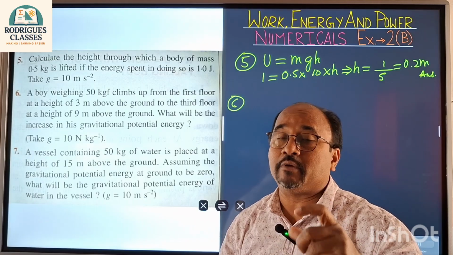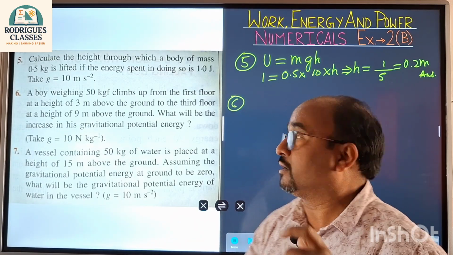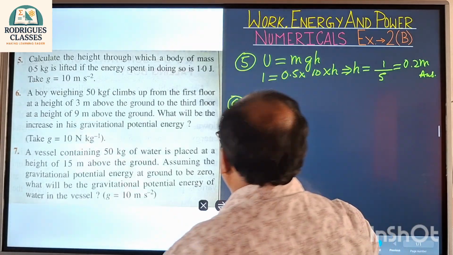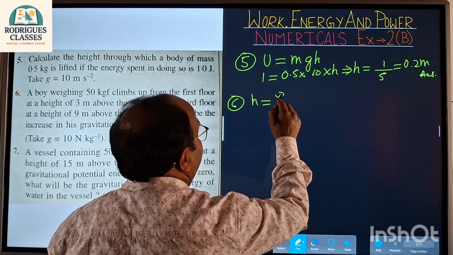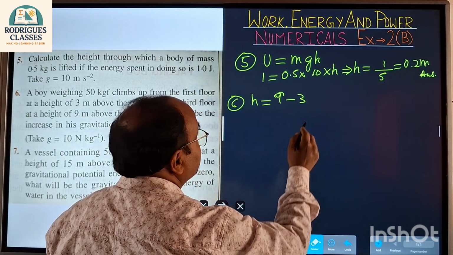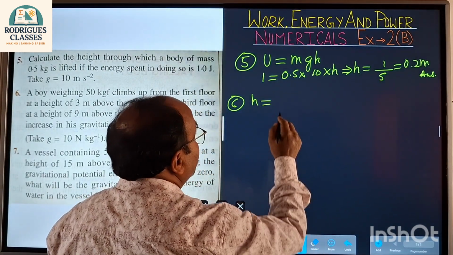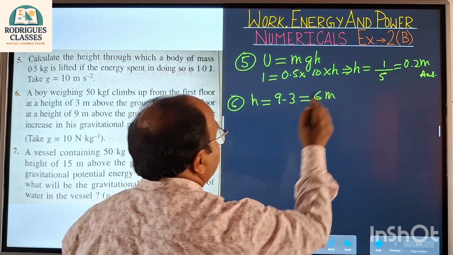Increase is asked, so it will be based on the increase in the height. So we'll be using that particular part. So first of all, I find here the increase in the height as 9 minus 3, which is equal to 6 meter.